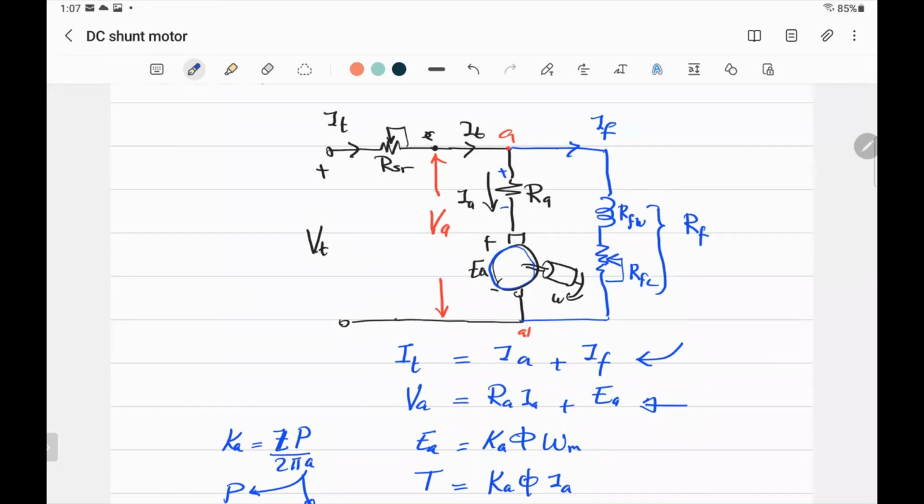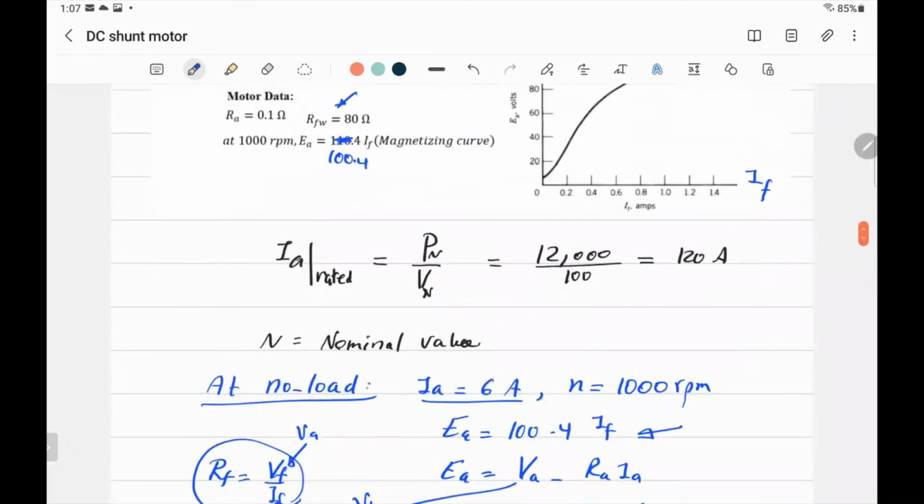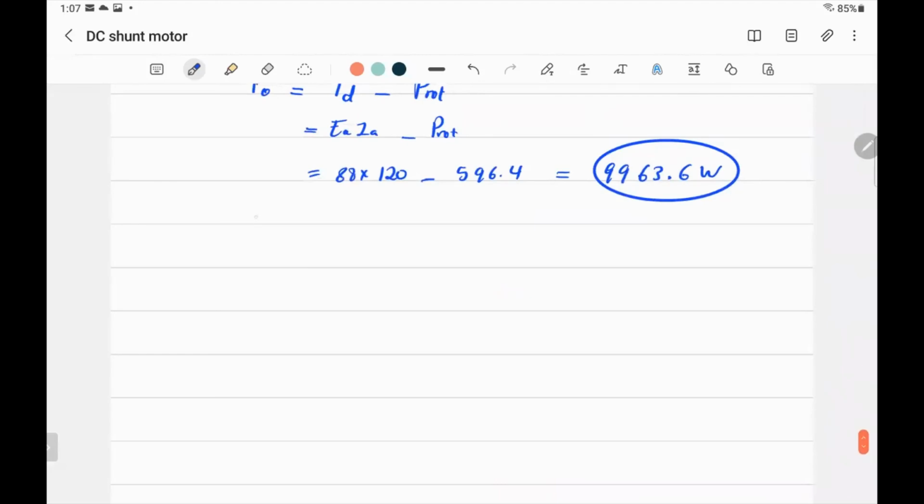So to find I total, you have to add the armature current and the field current. The armature current is 120. So the input is equal to V terminal times I terminal, and I terminal is equal to IA plus IF. I know that VT is equal to 100. I know that IA was given as 120 amp.